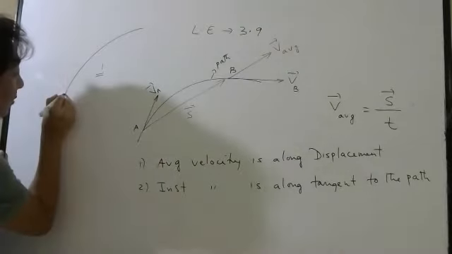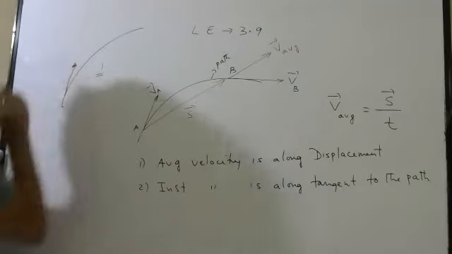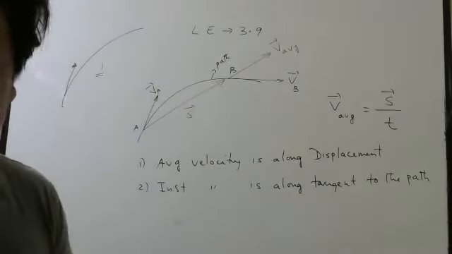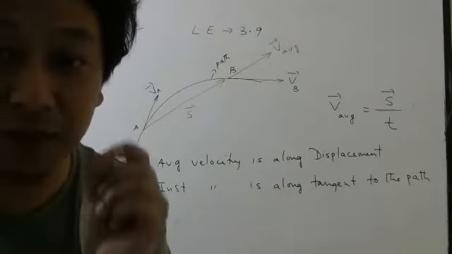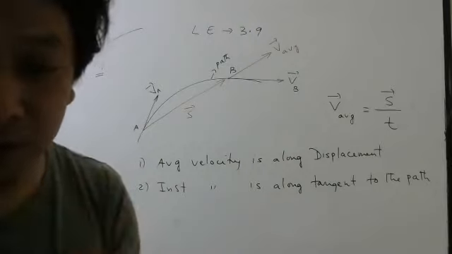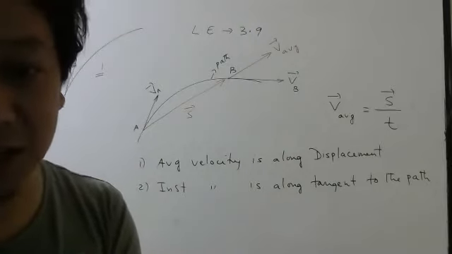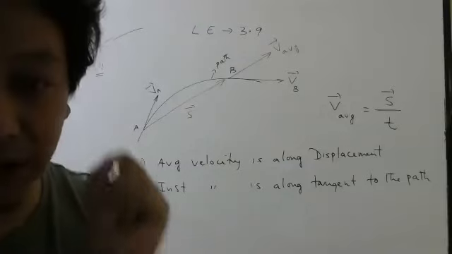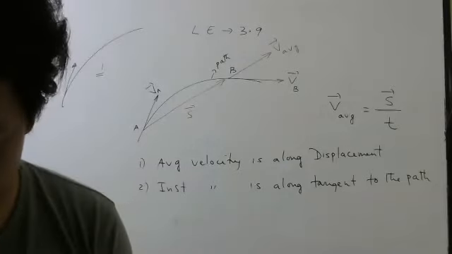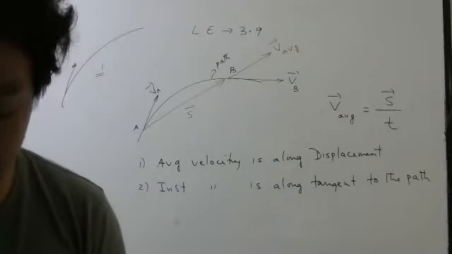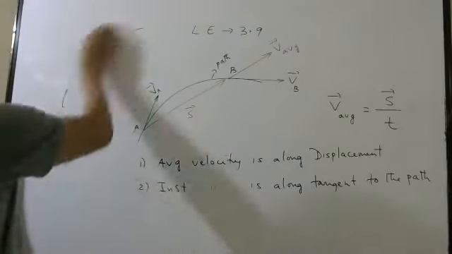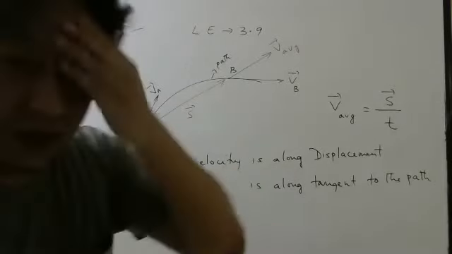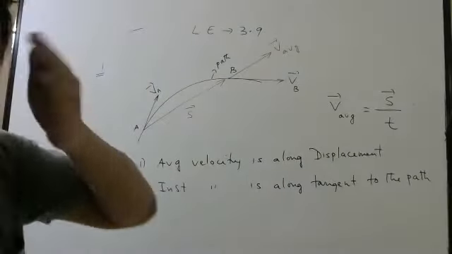So your displacement will be this one, and instantaneous velocity will be in this direction. So of course, instantaneous velocity will always be along displacement only, but it has to be a very small displacement, because the moment I say instantaneous velocity, time interval must be extremely small. It should tend to 0 actually, mathematically. So this is something which we have done. Done, students, quickly finish it.